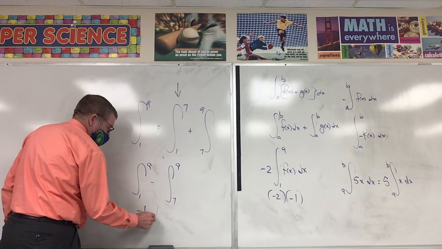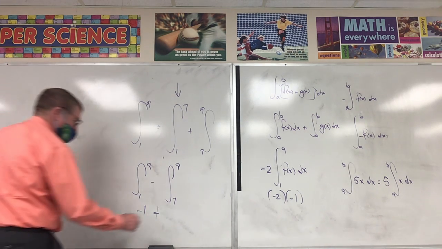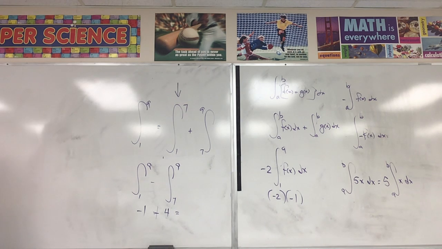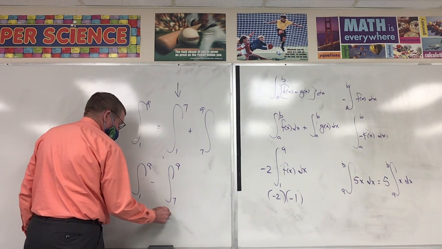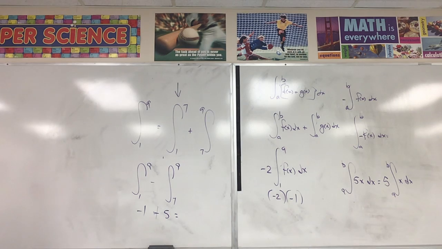Negative 1. Minus, what is the integral of f of x from 7 to 9? Isn't it 5? Because this is f of x, not h of x. No, f of x. Okay, then it's 5. So that gives me negative 6.